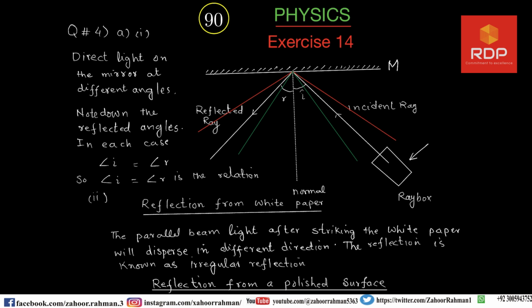The second part is saying how does the reflection of a parallel beam of light by a sheet of white paper differ from that by a polished metal surface. Explain your answer. So let us do this.